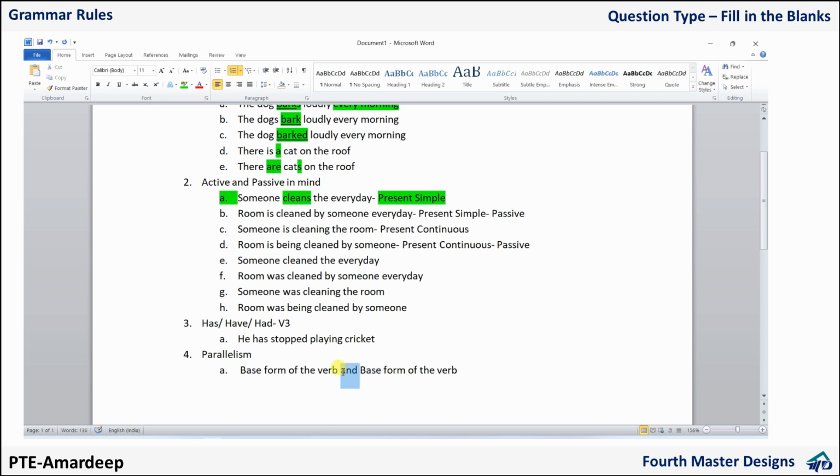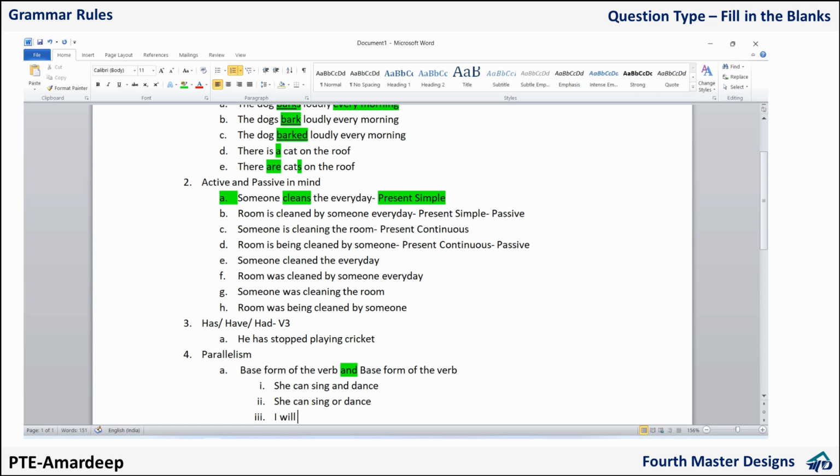Example: she can sing and dance. She can sing or dance.